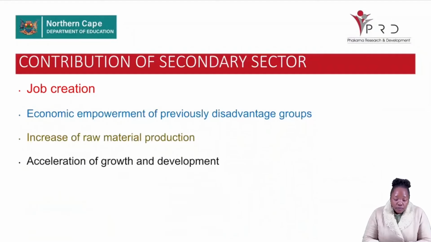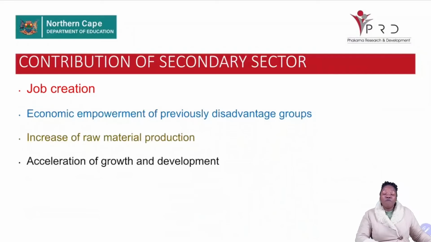Then we're looking at the acceleration of growth and the development. So when we are talking about the acceleration of growth, there are industries that develop because of the raw material, and we're looking at the development as a country because there are more and more people who are employed, which means now there are more people who can be taxed so that they can generate towards our GDP.